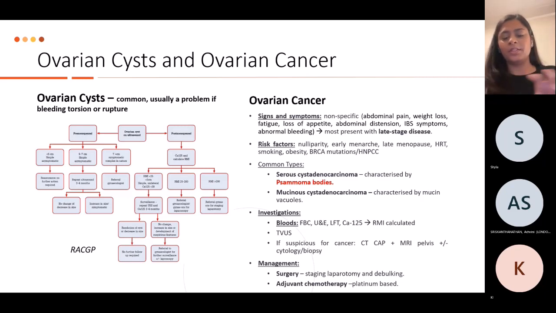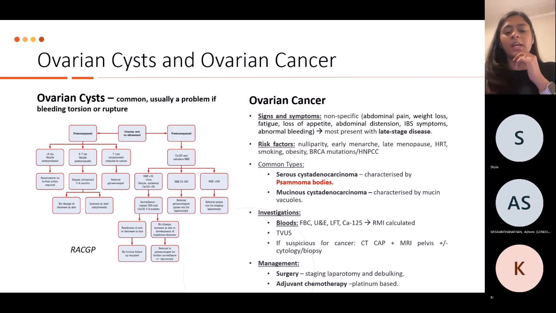Ovarian cysts are very common. They're just fluid-filled sacs within the ovary, especially in premenopausal patients, and most of them are benign or physiological cysts, like your corpus luteal cyst. If you have a cyst and you're postmenopausal, then your GP will usually do a risk of malignancy index, which is a tool used in practice to determine the likelihood of this being a cancer and whether or not this needs to be referred to a cancer centre for treatment.